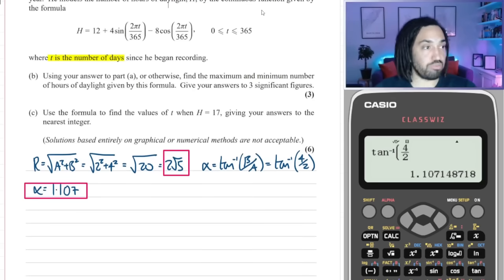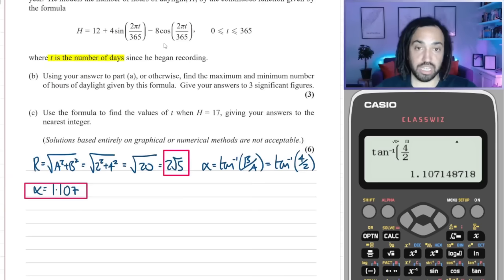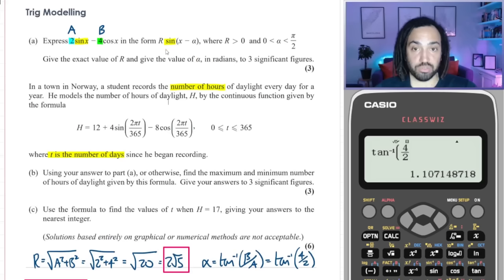Okay, so let's rewrite this function here using the harmonic form. So important to note that the one that we did here just had x, but now in this one we have this different input. So basically x is now going to become 2 pi t over 365.